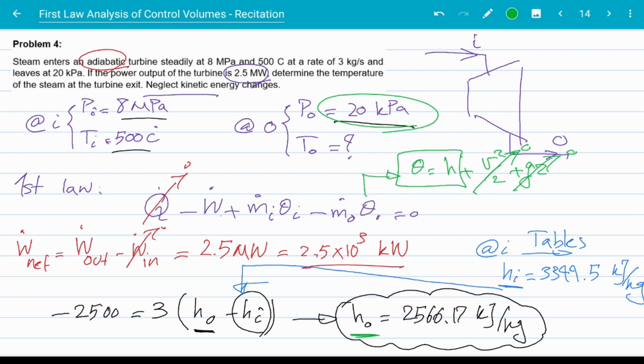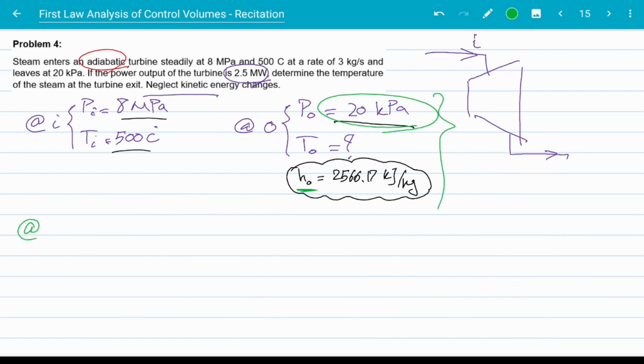Using two independent intensive properties, I should be able to find all the other properties. So let's do it. At the pressure of 20 kilopascals, I'm going to read both h of f and h of g. So h of f from the tables is 251.42. h of g is 2,608.9, both in kilojoules per kilogram.